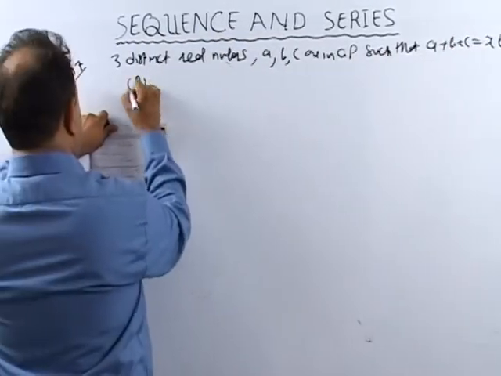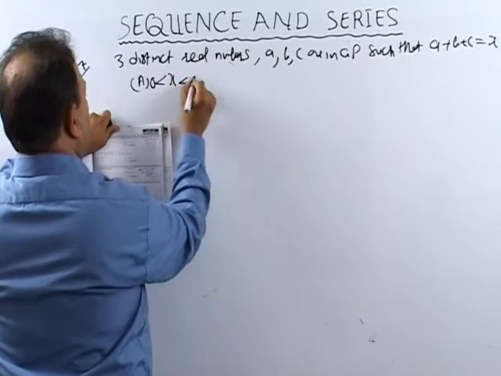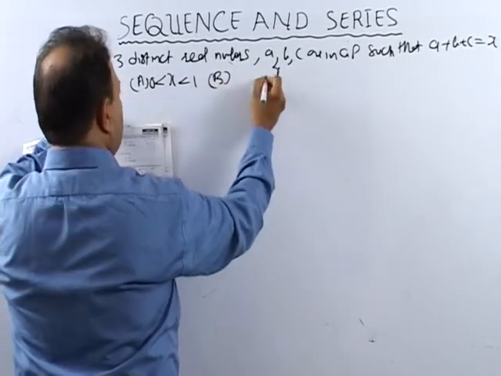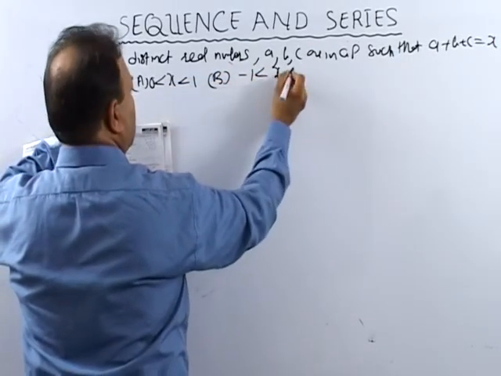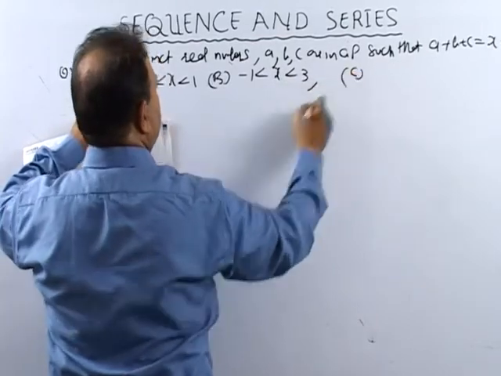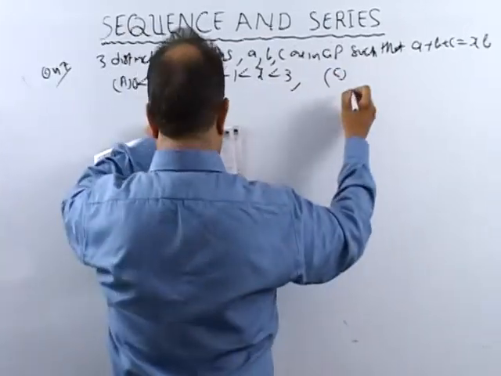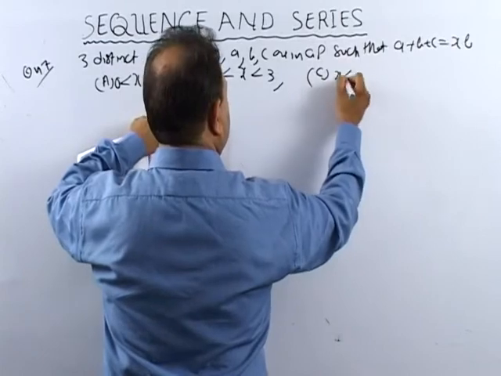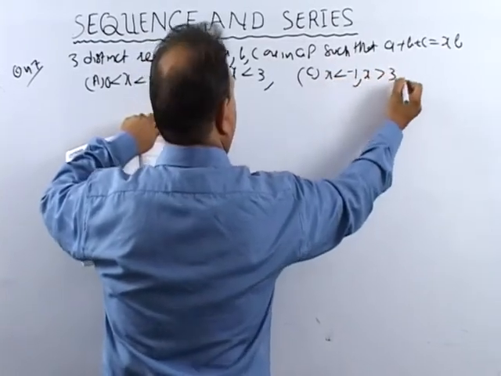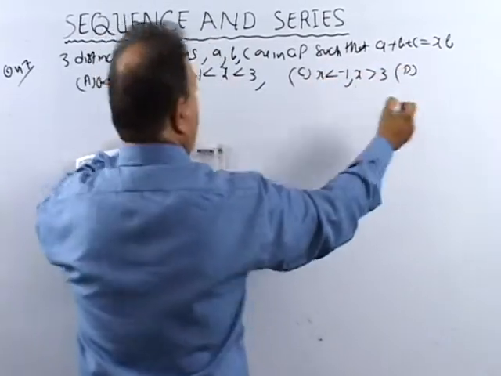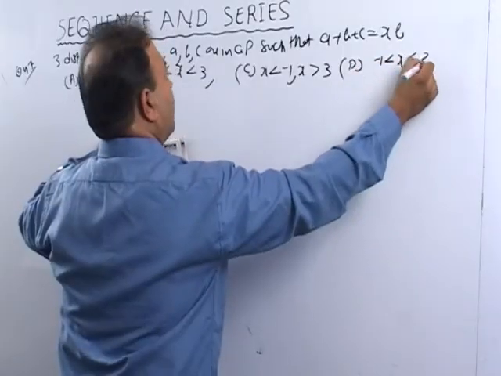Then A option is X lies between 0 and 1. The B option is X lies between minus 1 and 3. And C option is X less than minus 1, X greater than 3. And the D option is X lies between minus 1 and 2.